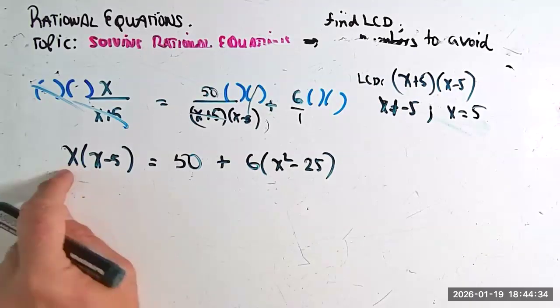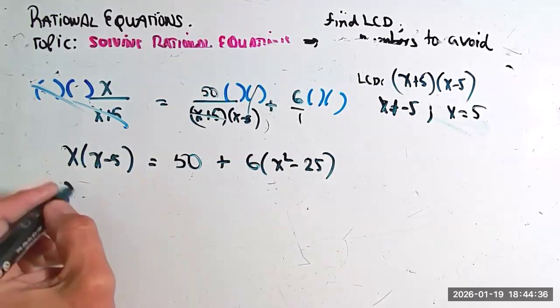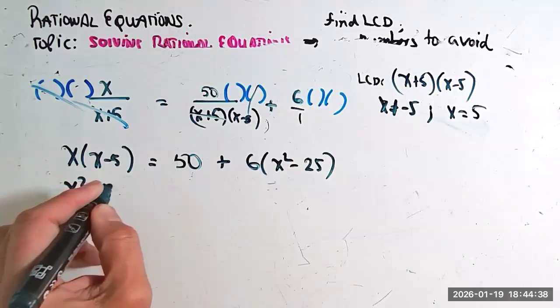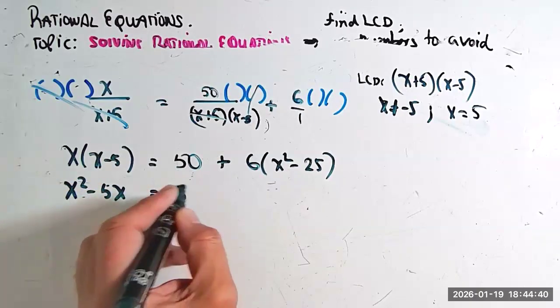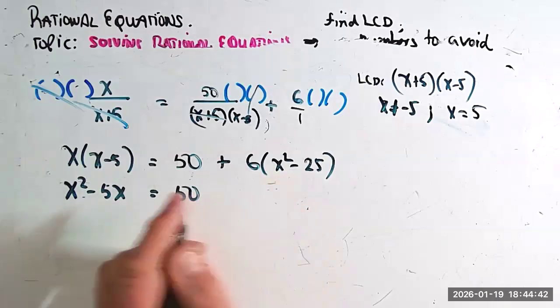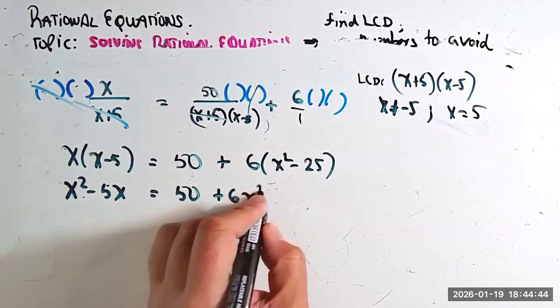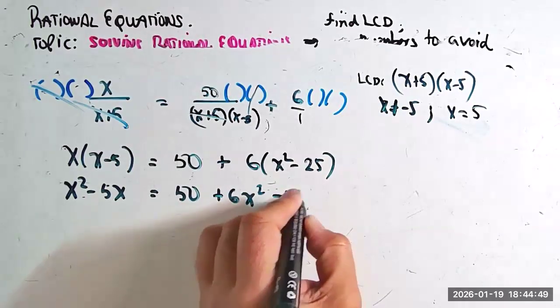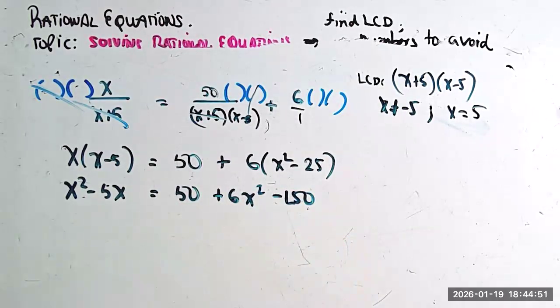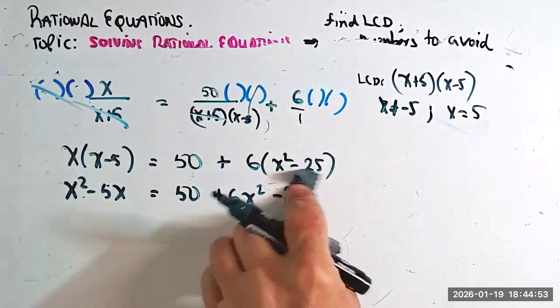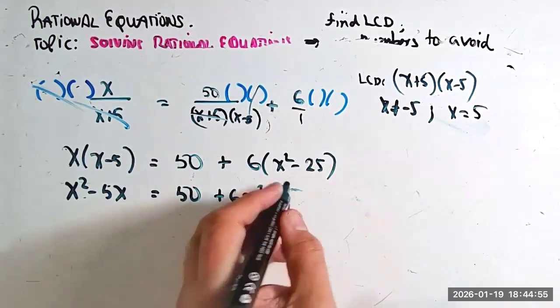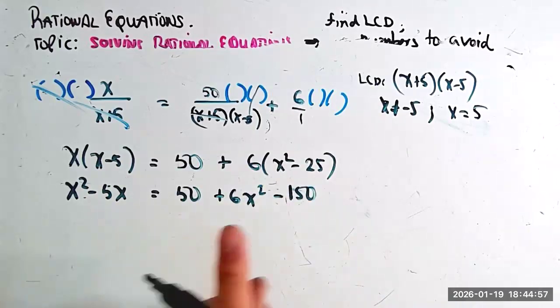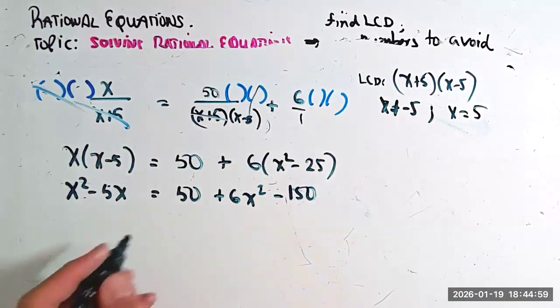Let's expand this puppy. x squared minus 5x equals 50. 6 times x squared, positive 6x squared. 6 times negative 25, minus 150. Quadratic equation, let's set it equal to 0.